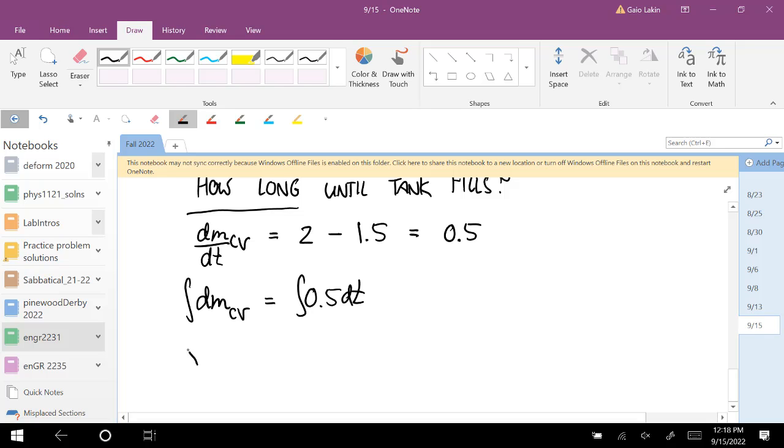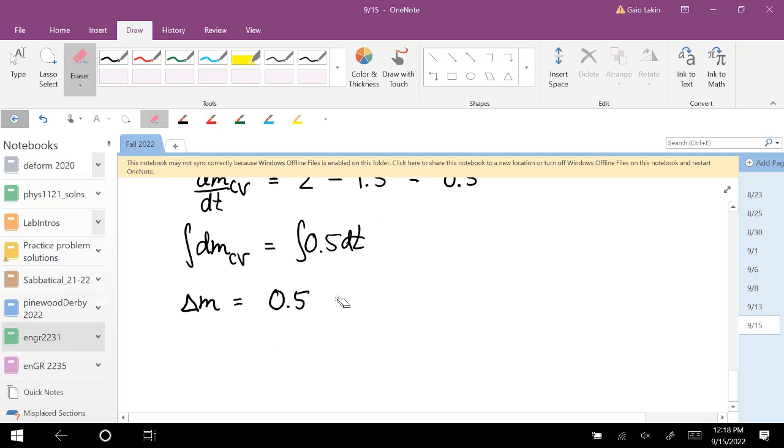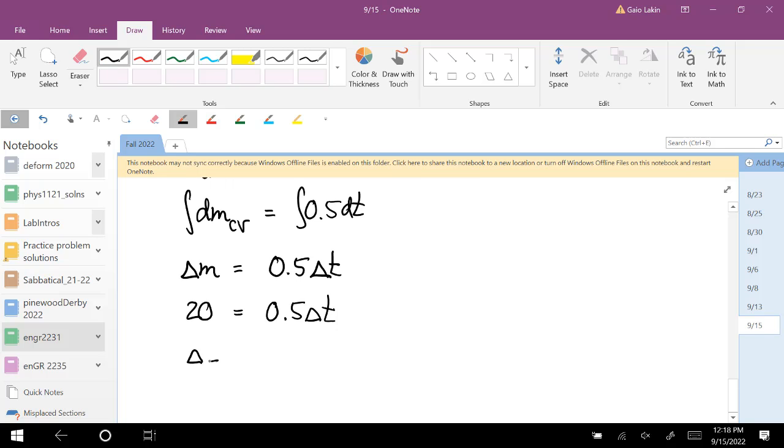And you get that the change in mass is equal to 0.5 dt, 0.5 times the change in t. And so 20 is equal to 0.5 dt. And so dt is equal to 40 seconds.